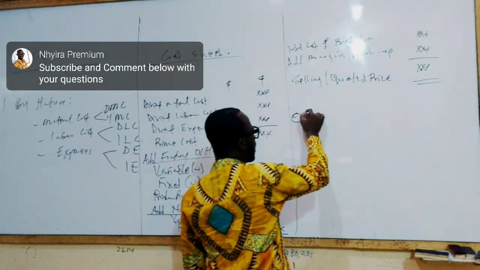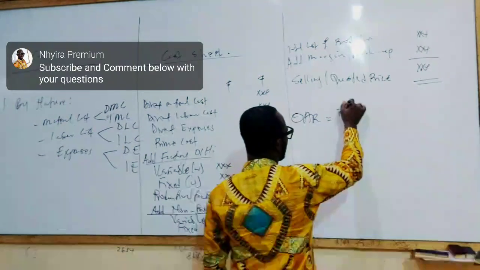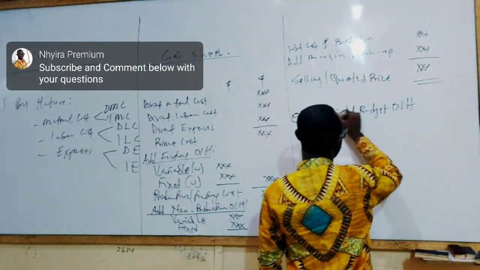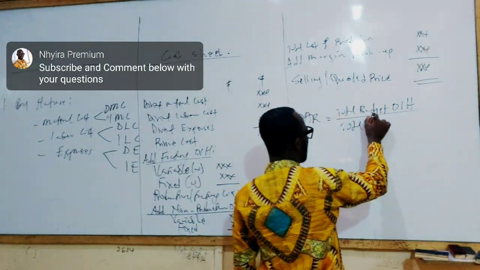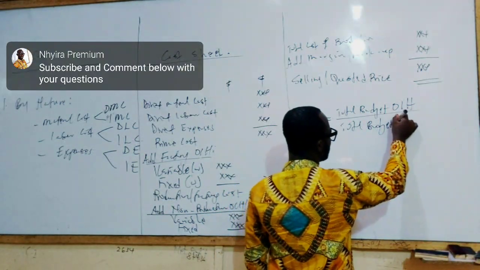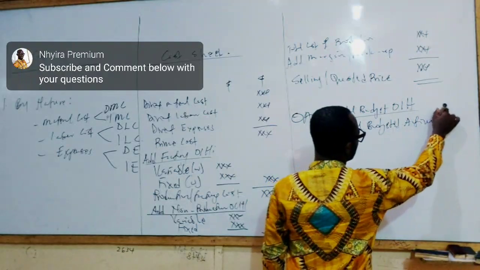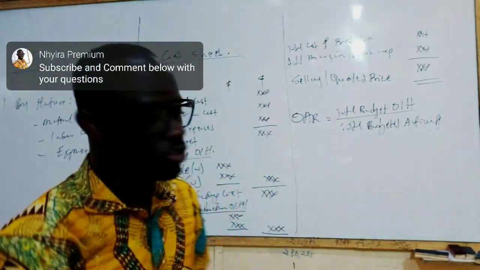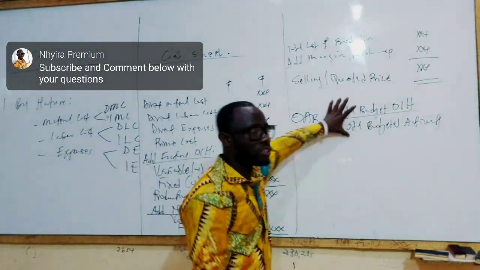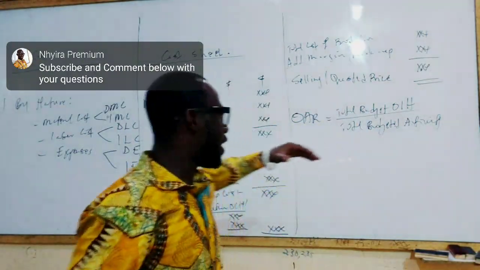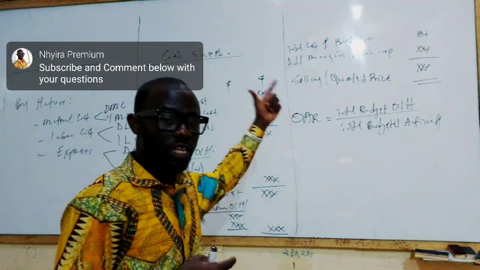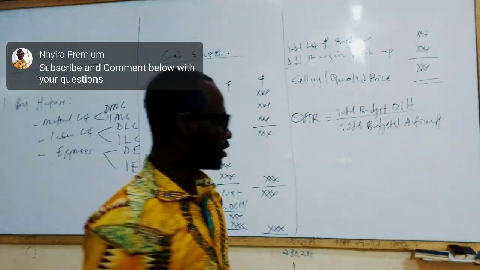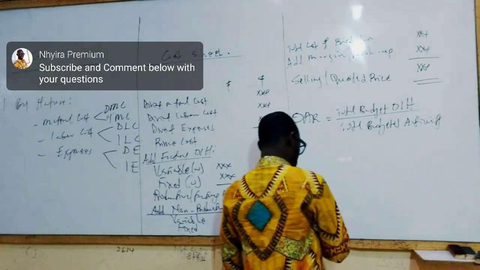Generally, we say that the overhead absorption rate is equal to the total budgeted overheads divided by the total budgeted activity. Now this is the general formula. It is from the general formula that the 6 bases of absorption of overheads are derived.